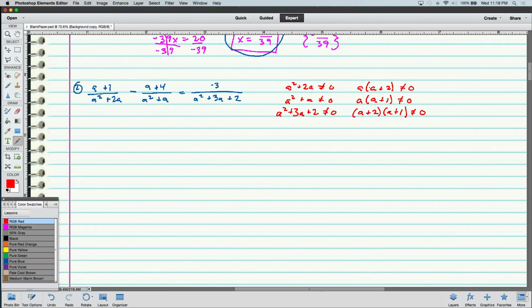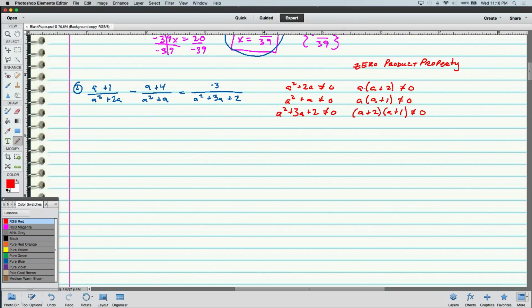And to find the values of a, we have to use what they call the zero product property. That is setting each of these factors equal to 0.